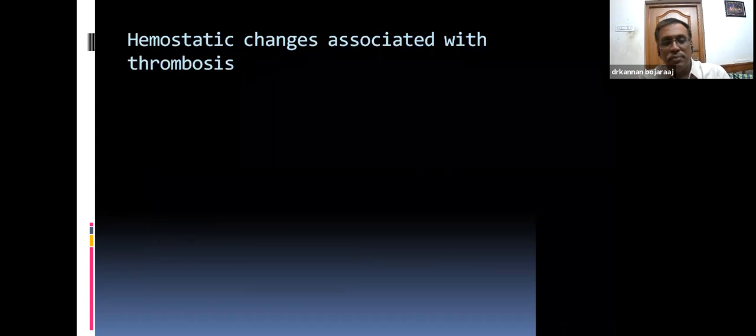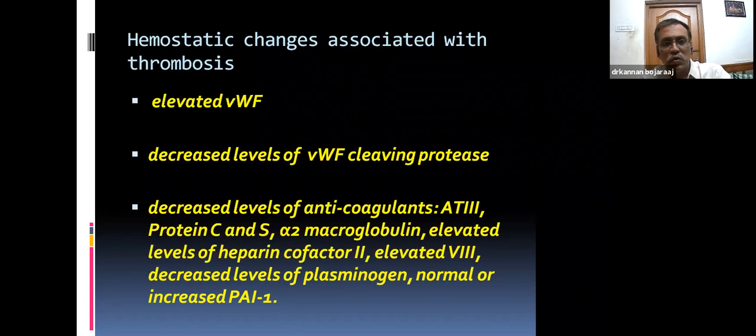At the same time, the patient with liver disease can go for thrombosis, because I already told you there is an elevated von Willebrand factor, that is von Willebrand factor produced by the endothelial cells, not by the liver. Because of the low level of its cleaving protease, this factor is elevated, and there are decreased levels of anticoagulants, that is antithrombin 3, protein C, protein S, and alpha-2 macroglobulin.